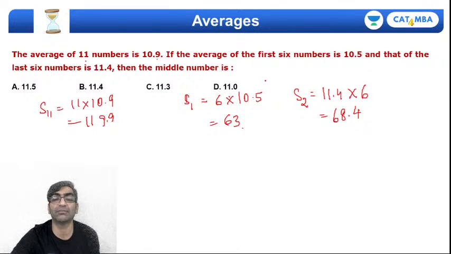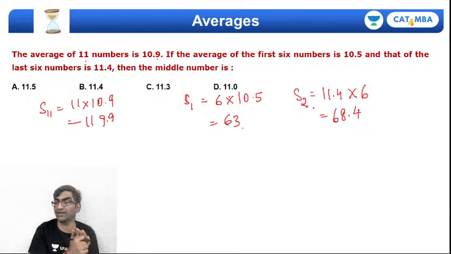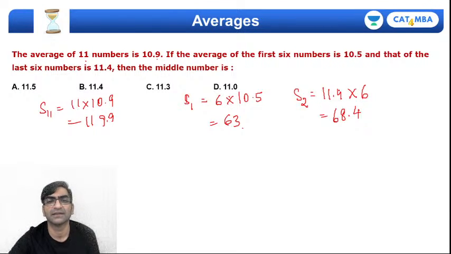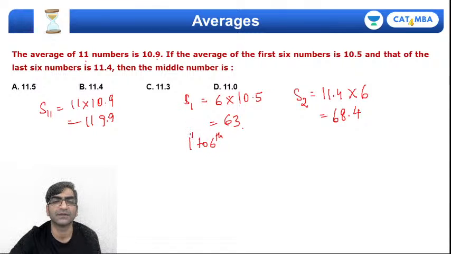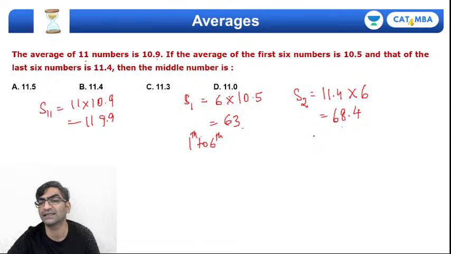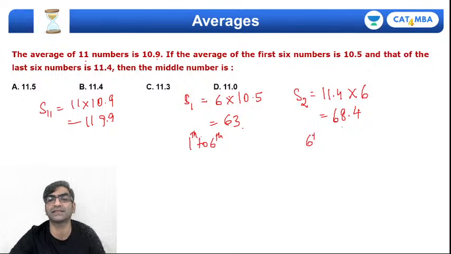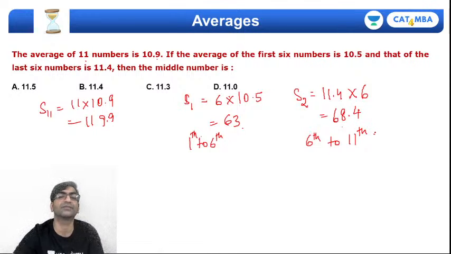So you have 11 numbers, you know their sum, and the first 6 and the last 6 you can calculate separately. But think about it: if you have 11 numbers and remove the first 6, you are removing the first to the 6th terms. The last 6 will start from the 6th and go all the way till the 11th term, right?